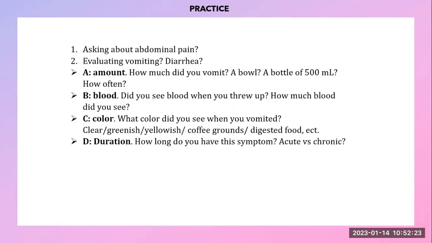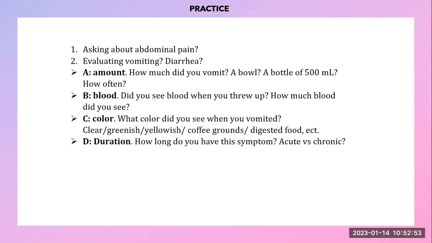Ok, so this part we're gonna just practice, right? And then we already practiced about abdominal pain before. So next, I just want to ask about some questions you can ask when the patient says that I have diarrhea. Make sure that you can ask the patient some questions to clarify what diarrhea is, okay?